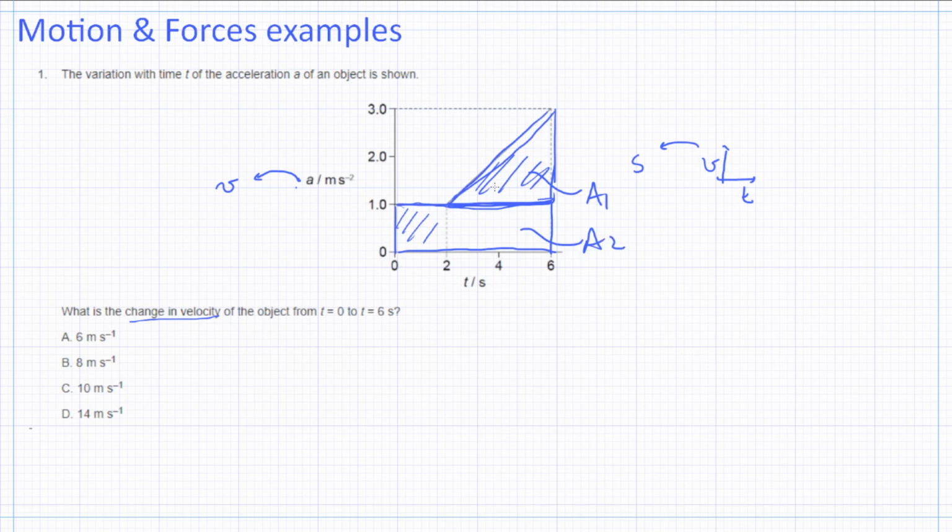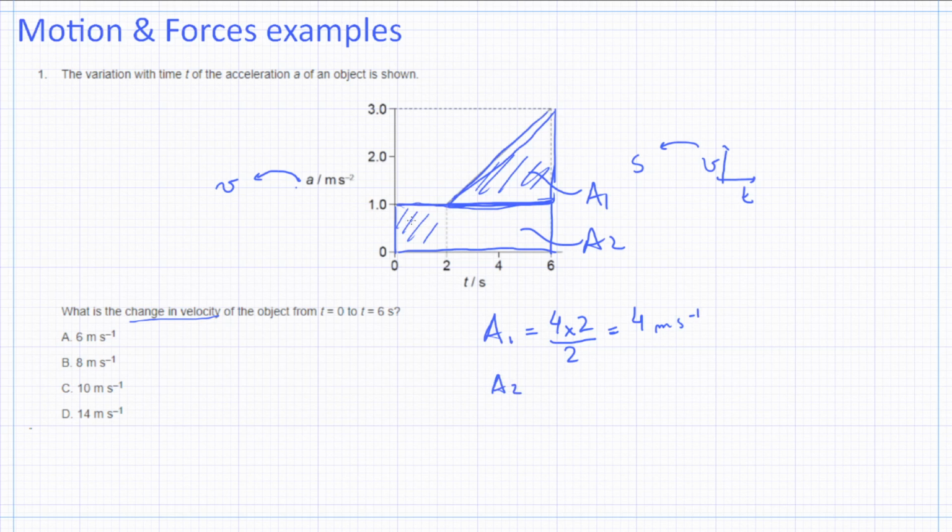So what's area A1? So this triangle has base 4 and height 2. So the first area is base 4, height 2, and since it's a triangle, divided by 2. So this is 4. Since this is seconds, and meters per second squared, this is meters per second.